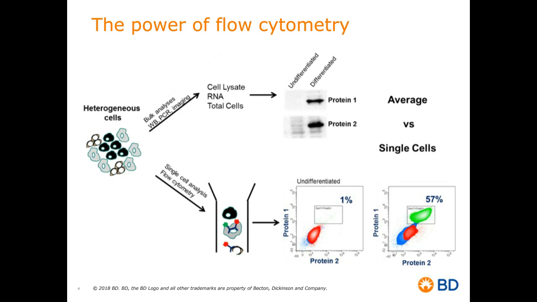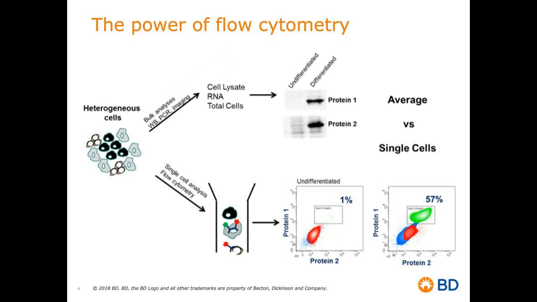If you look at the bottom part of the cartoon, now the same sample, if it's dissociated and we create a single cell suspension that we run through the flow cytometer, every single cell will be interrogated for the expression of each protein. And now we can appreciate that as compared to the undifferentiated samples, a discrete percentage, in this case 57% of the cells, express both proteins.